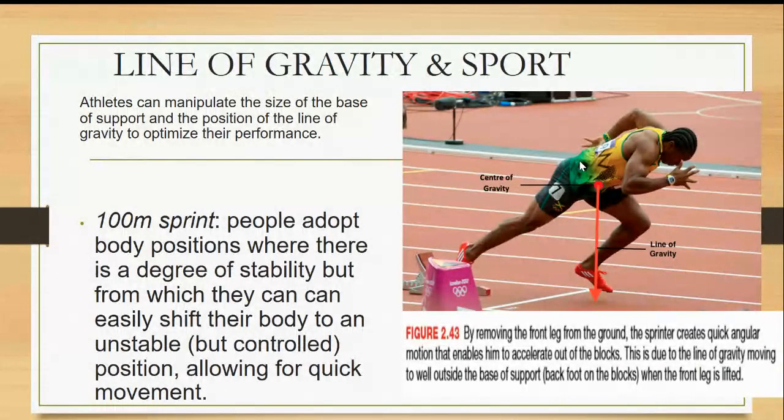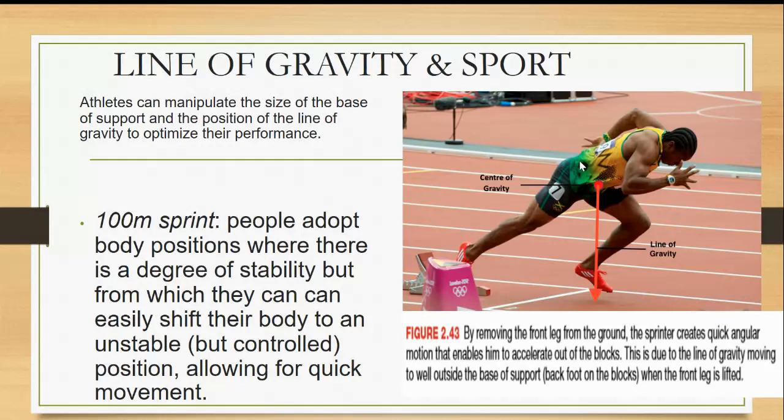So, as I said, athletes can manipulate the size of the base of support and the position of the line of gravity in order to optimize their performance. So there are reasons for wanting to be on the edge of that line of gravity, if not past it. In a 100-meter sprint, people adopt body positions where there is a degree of stability, but from which they can easily shift their body to an unstable position.